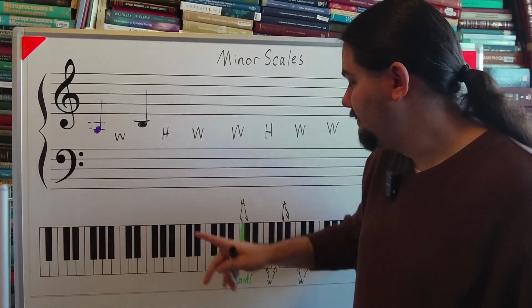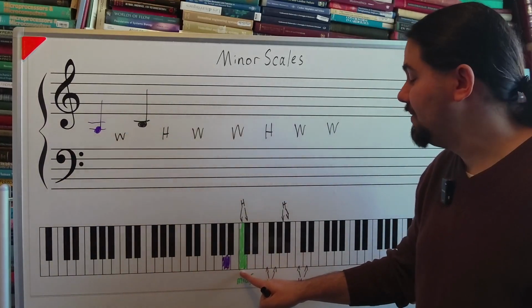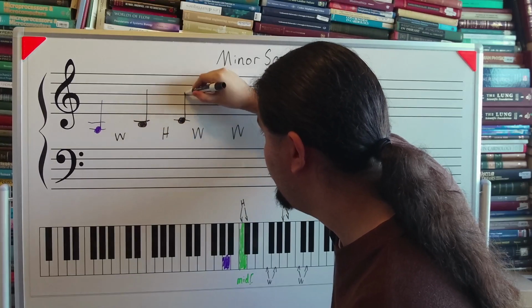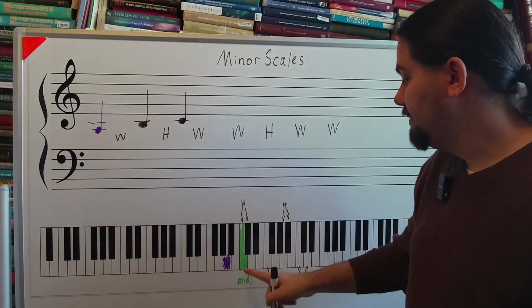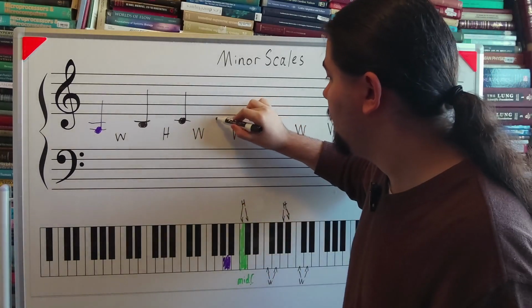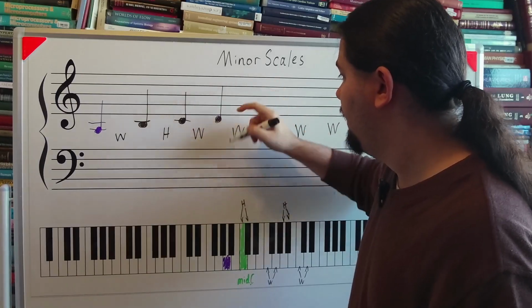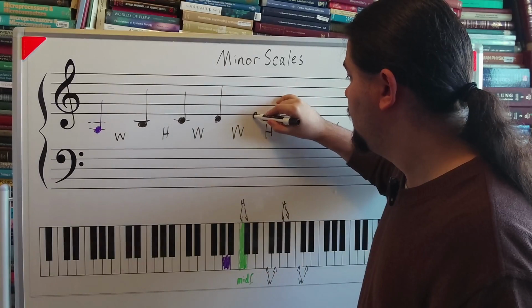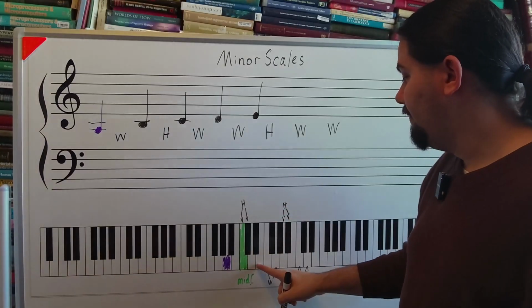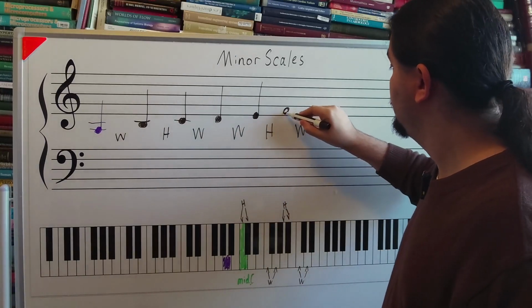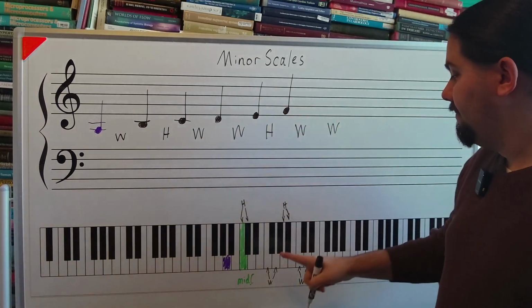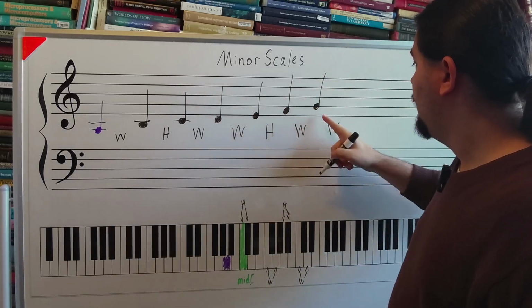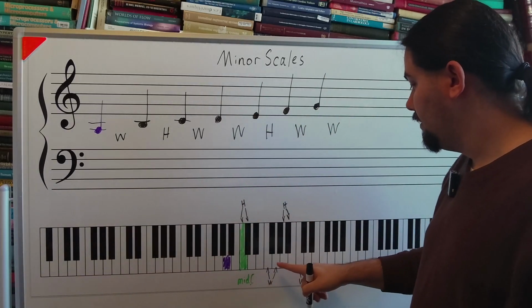Then we need a half step up from B, which we discussed earlier is C. Next, a whole step up from C, D, whole step up from D, E, half step up from E, F, whole step from F, G, and finally, a whole step up from G, A.